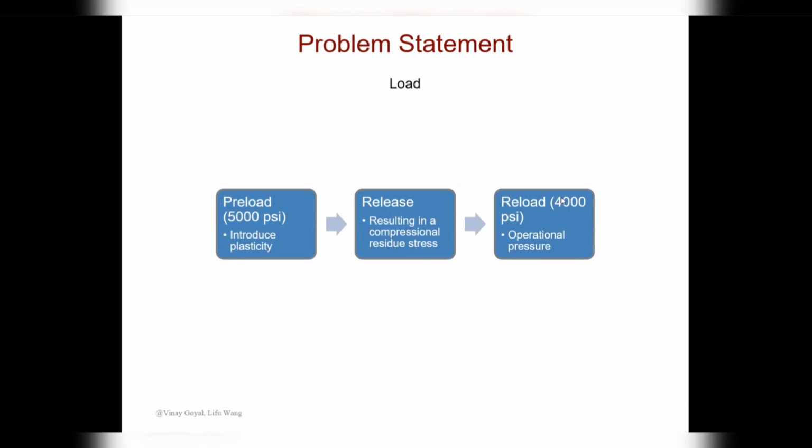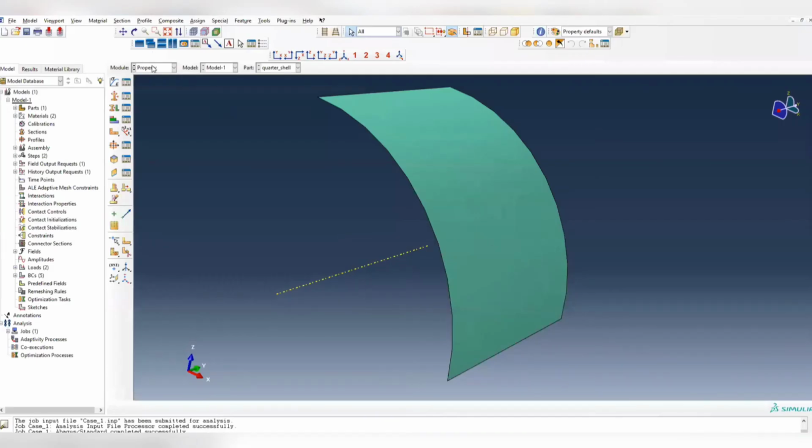And finally, let's reload. After we reload with the operational pressure of 4,000 psi, it should be smaller than this 5,000 psi, which is a little bit higher than the operational pressure.